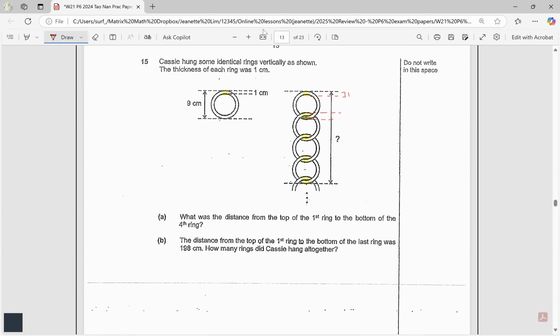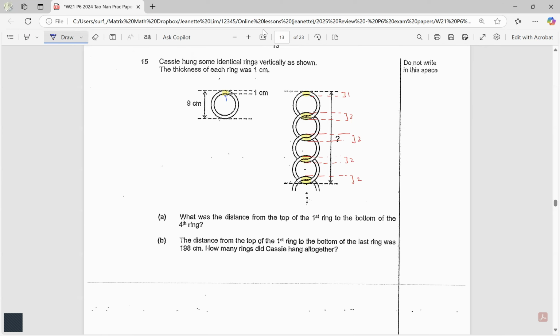Then this is 2. And this is also 2. And this is 2. And lastly, you have another 2.